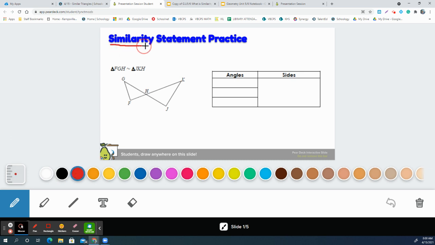Because they're similar, I know I have one small shape and one larger shape. What do I know about the angles? They are congruent. So what does angle F go with?